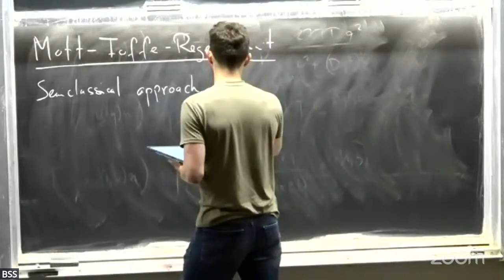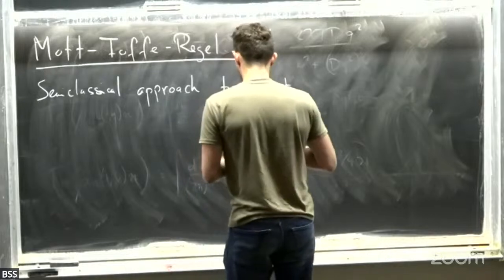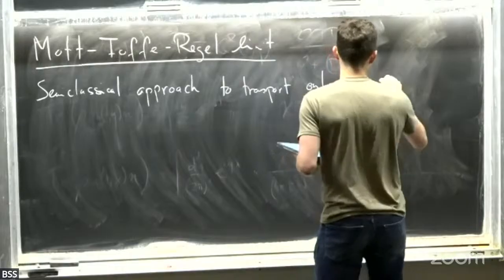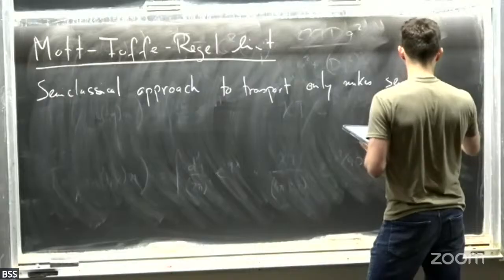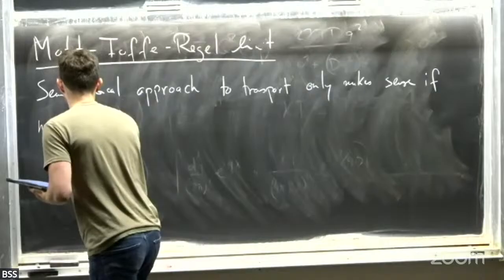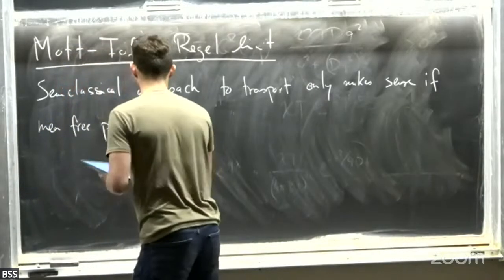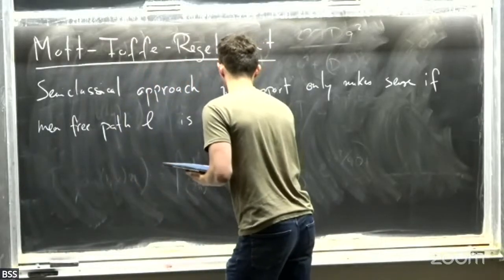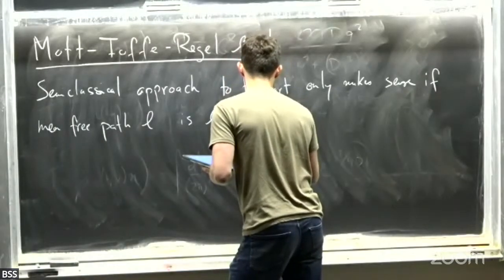So the semi-classical approach to transport, for the fermions near the Fermi surface, will only make sense if the mean free path is larger than their spatial resolution, the extent to which they're point-like.